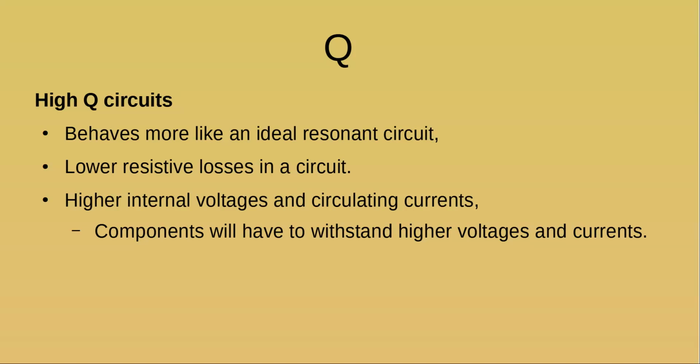And that was not an extremely high Q circuit. The downside for high Q is due to those high voltages and currents, you've got to choose the components so they can withstand those voltages and currents.